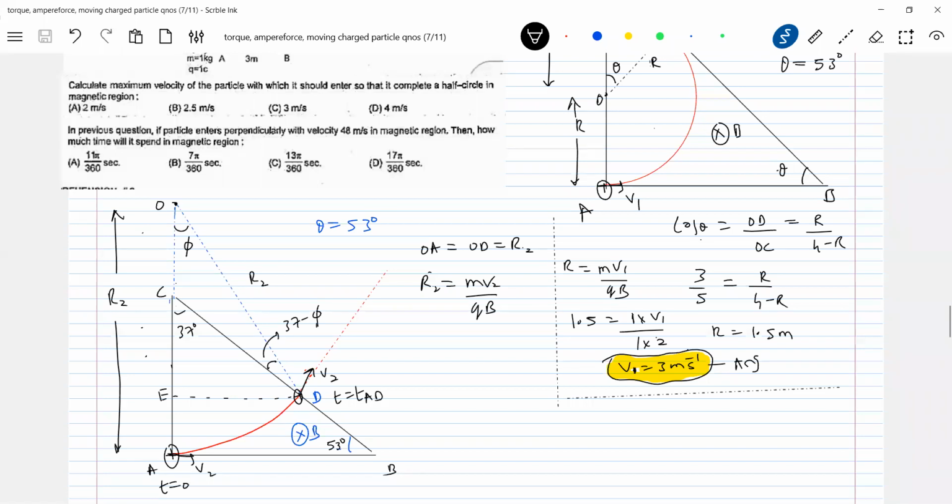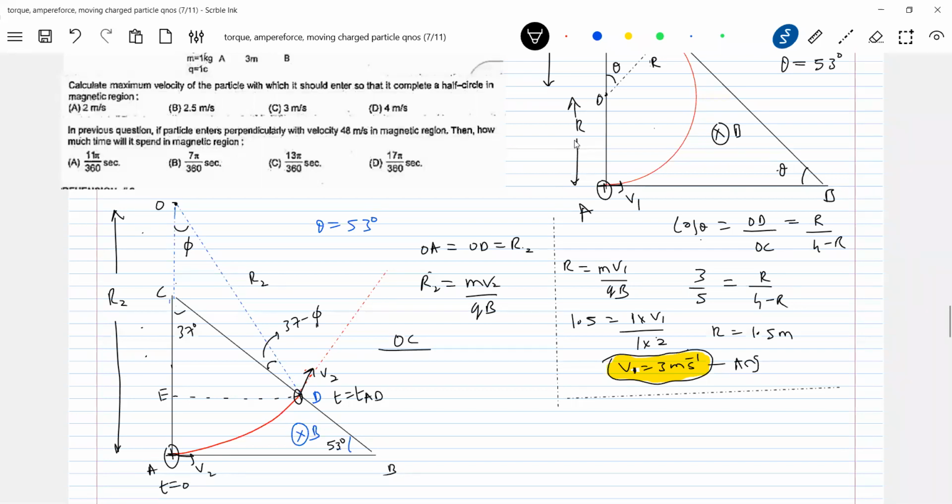So with that, I can go for the sine rule. How to determine that value of OC? OC is OA minus CA. CA value we know, and R2 value we know, so we'll get OC. So for first, let me write this.